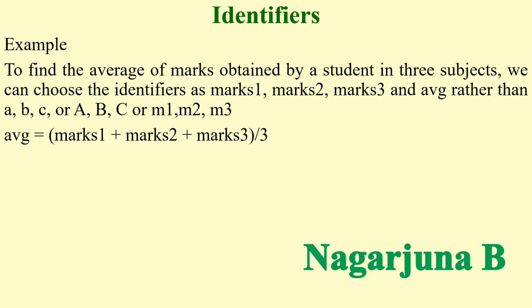In short, it will be very meaningful if we consider marks 1, marks 2, marks 3. And to find the average, the formula will be AVG is equal to marks 1 plus marks 2 plus marks 3 divided by 3.